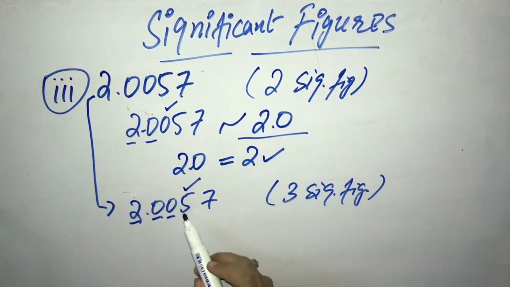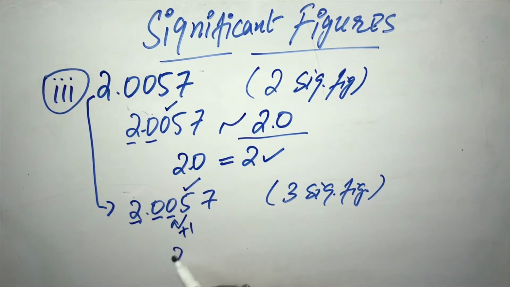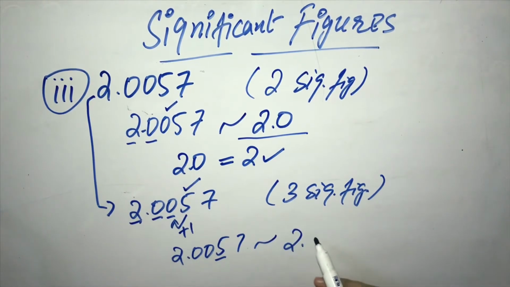This number is equal to 5, so it will give 1 to the previous. My final answer will be 2.01. This answer has three significant figures. The fourth number was 5 and it gave 1 to the previous, and then we have the answer 2.01.